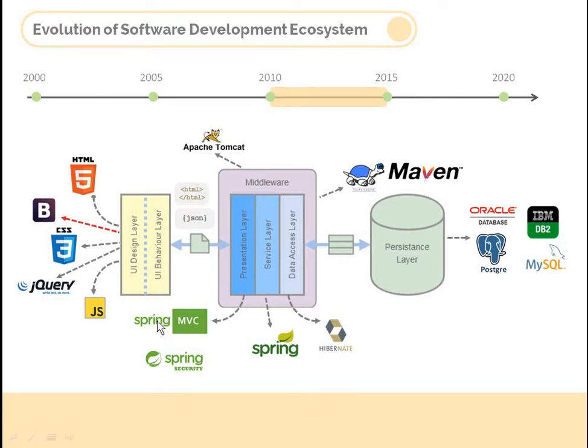Then you can see that Struts, JSF, and Wicket kind of frameworks were replaced by Spring-based frameworks, Spring MVC, Spring Security. And for the code management, CVS and Ant were replaced by SVN, Subversion, and Maven. It ruled the market.